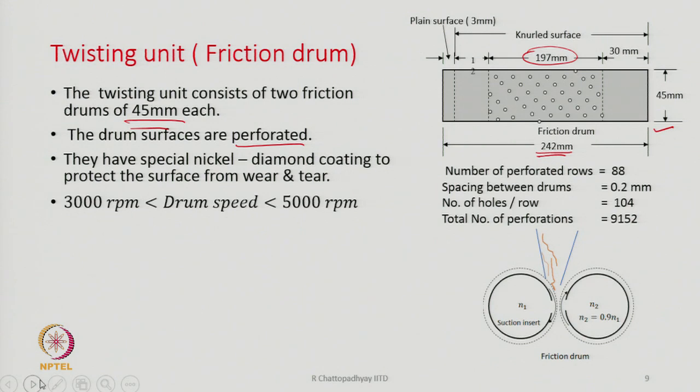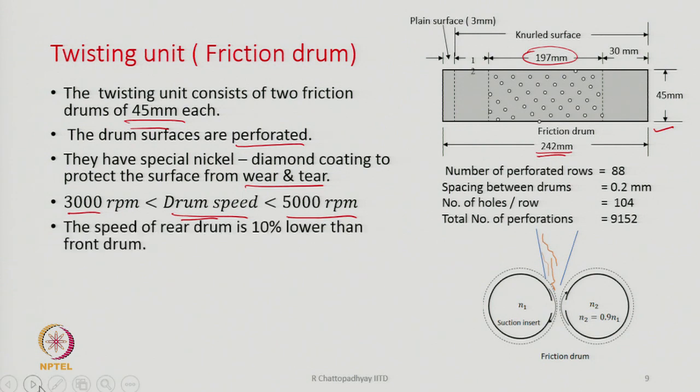They have a special nickel diamond coating in order to reduce wear and tear. Drum speed varies between 3000 to 5000 rpm; that is the typical speed range of the friction drum. And the speed of the rear drum is 10% lower than the front drum. These two speeds are not exactly the same.